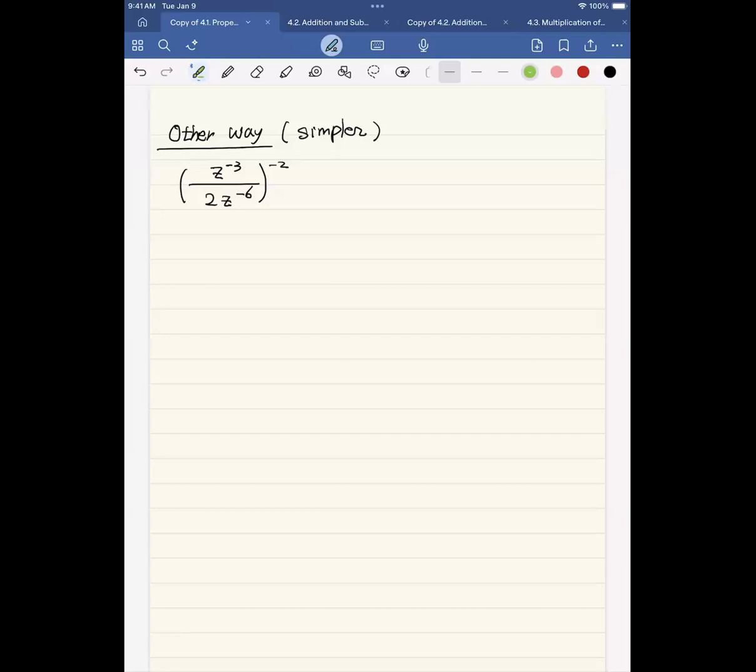Those are 2 and z. Therefore, we can simplify the fraction first. Let's separate it like 1 over 2 times z to the negative 3 minus 6, and then to the negative 2 power.